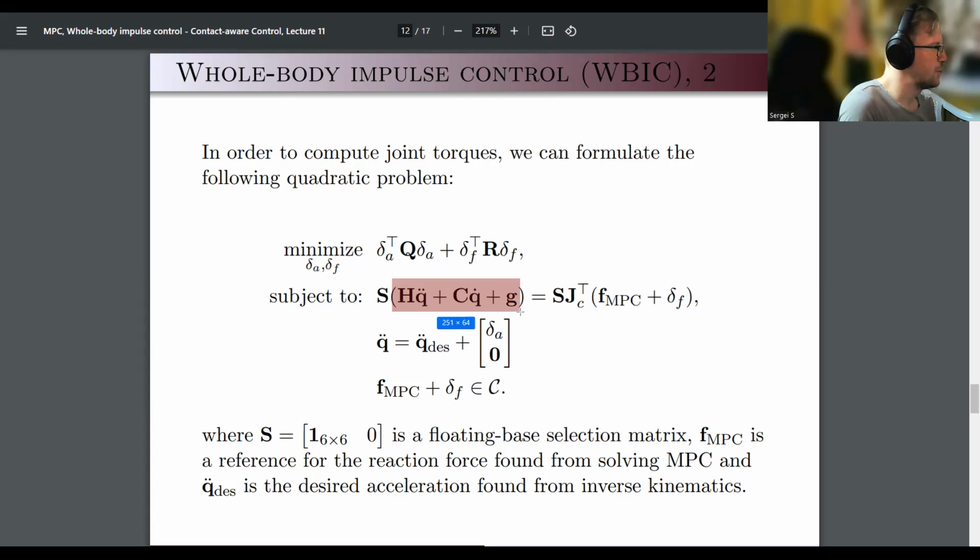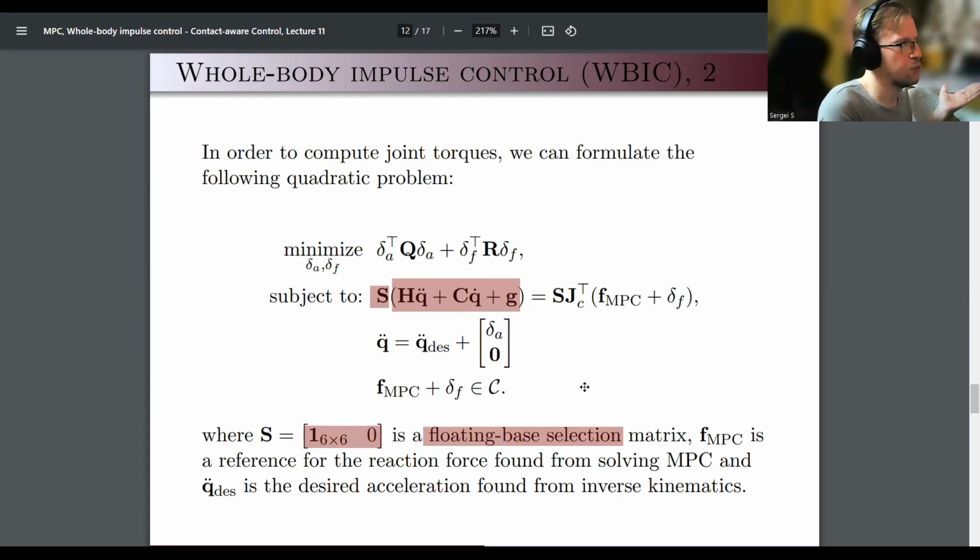This appears to be like our manipulator equation on the left-hand side, but it is multiplied by S. What is S? Well, S is a floating base selector. So when we multiply by S, we cut off all the equations that have to do with joint space. Basically, we only leave the first 6 equations. As simple as that.